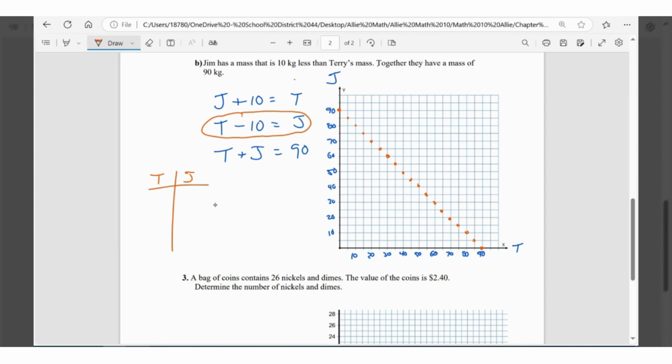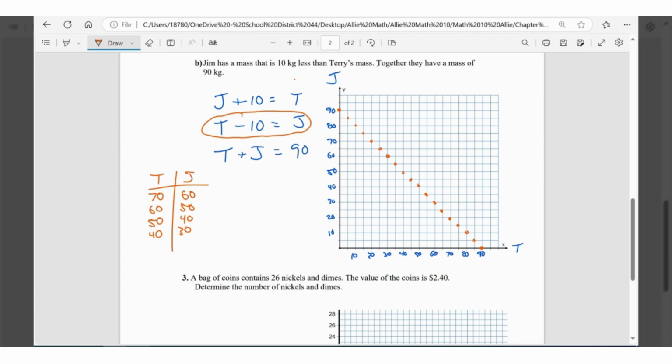Terry minus Jim, let's start him at 70 kilos. 70 minus 10 equals 60. Let's do 60 minus 10 equals 50. Let's do 50 minus 10 equals 40. And let's do 40 minus 10 equals 30.